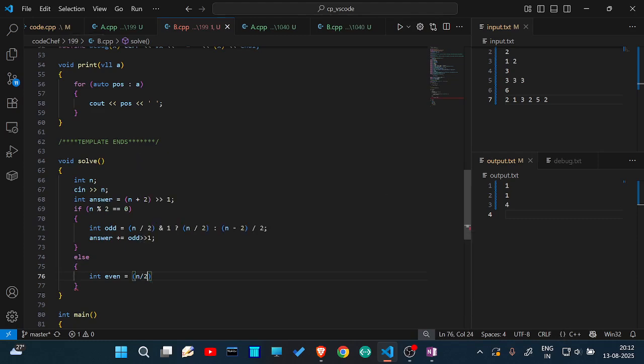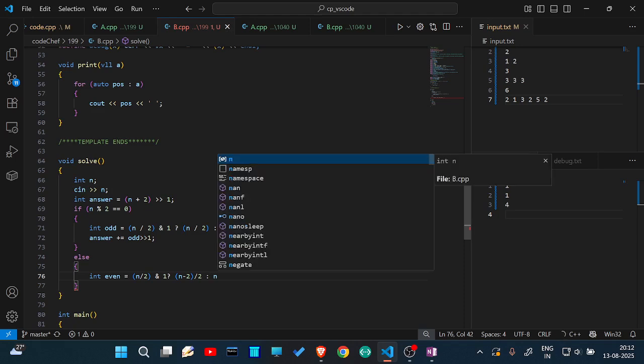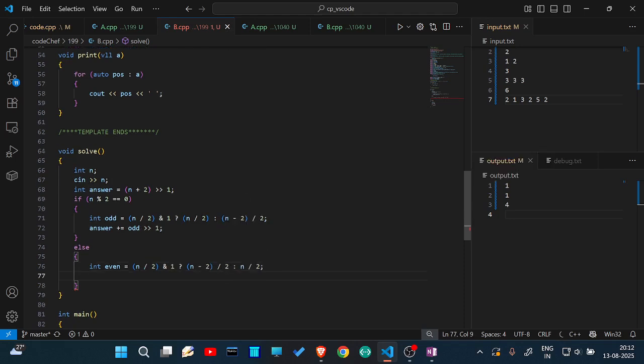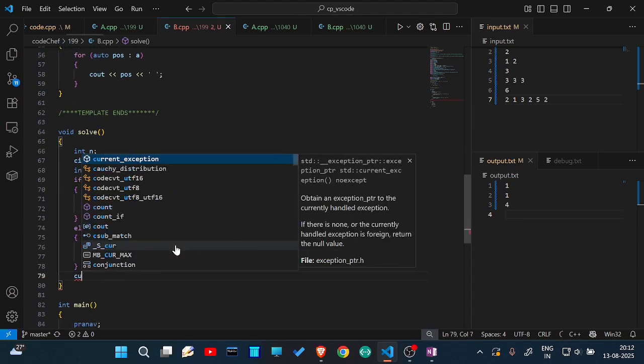So if n by 2 is odd, then it will be n minus 2 upon 2, else it will be n by 2. So this is what we do. Answer plus equals even upon 2, even right shift by 1. Okay, so you just print out the answer.